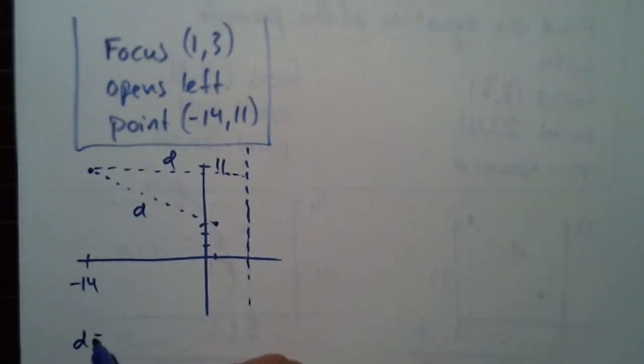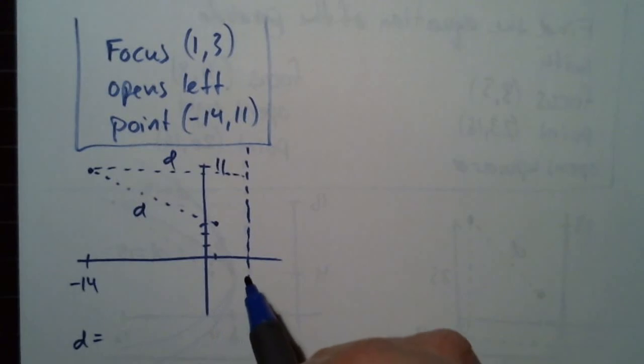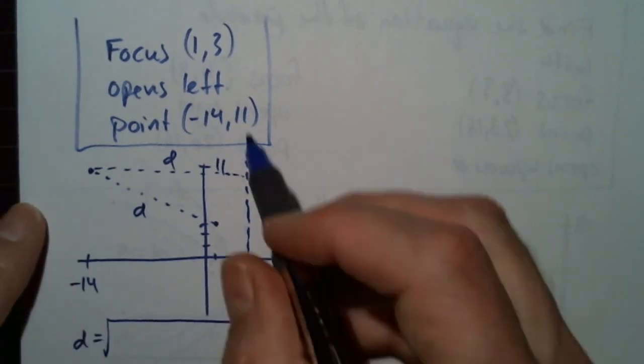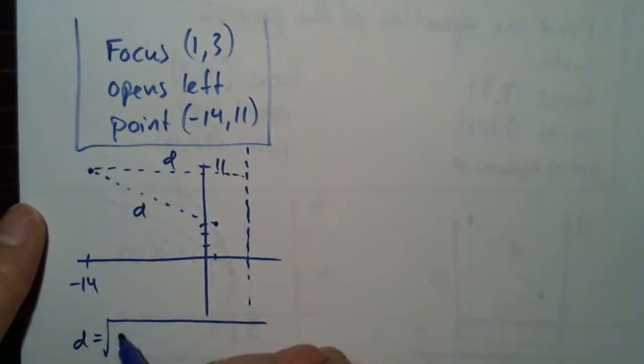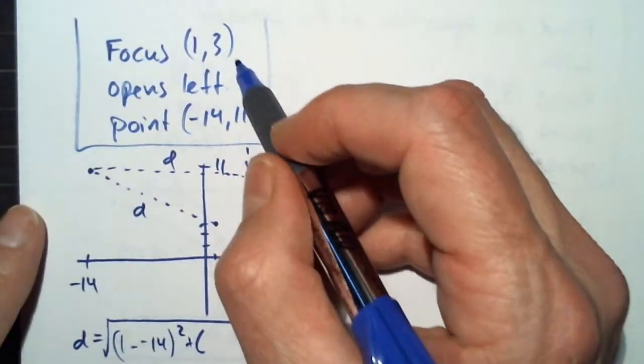D, and we have the distance formula, x minus x, y minus y.